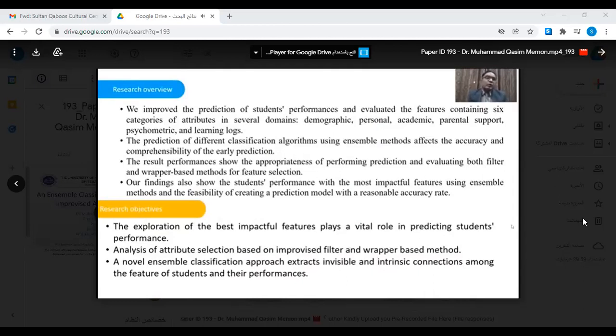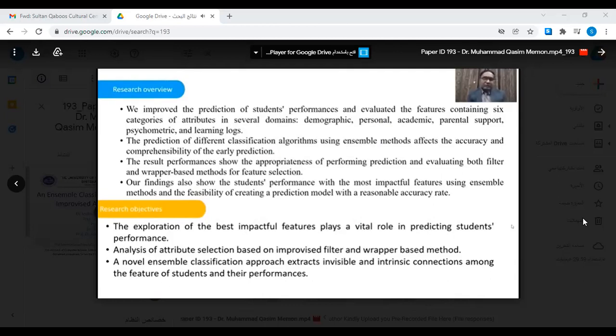That's why in this work we focus on several methods. The results show the appropriateness of performing prediction and the ability of both filter and wrapper-based methods for feature selection. So in this paper, we use a feature selection technique called filter and wrapper-based methods. In our findings, we also show the student performance with the most impactful features using ensemble methods and the feasibility of creating the prediction model with reasonable accuracy.